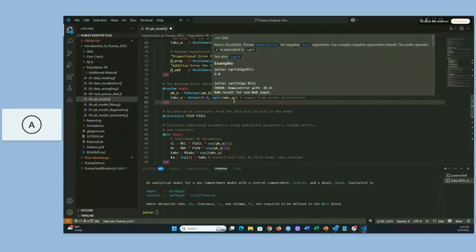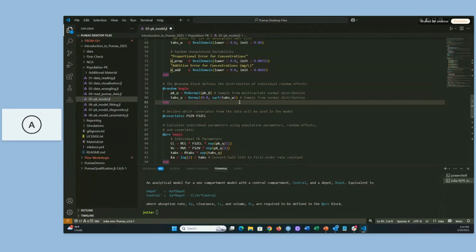The square root of a variance is the standard deviation. Typically we report our random variability as a variance. To make sure we are defining this within our normal distribution, Julia likes to see its mean and standard deviation.